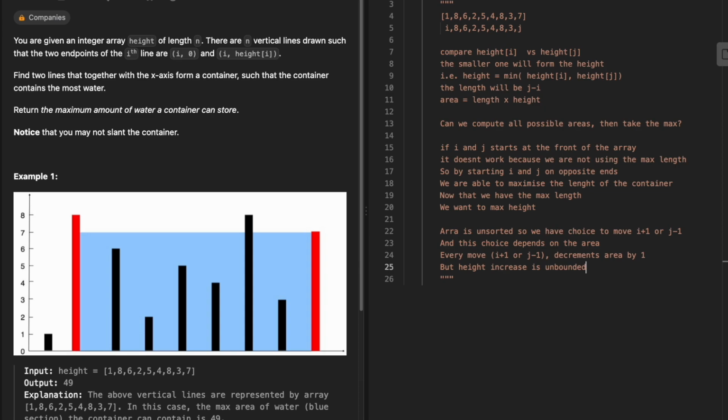So this makes sense, right? We want to shrink it down, decrement the length slowly, and find the maximum height. So let's just look at this. So we have 0, 1. So in this case, 1 and 1 here.